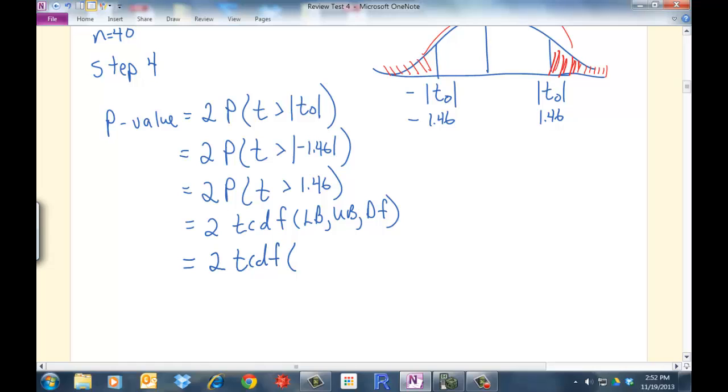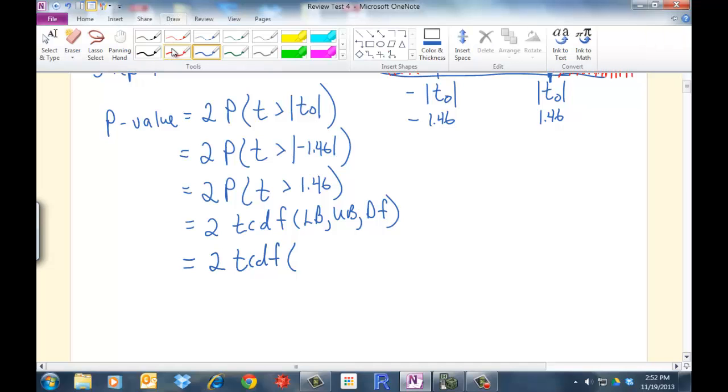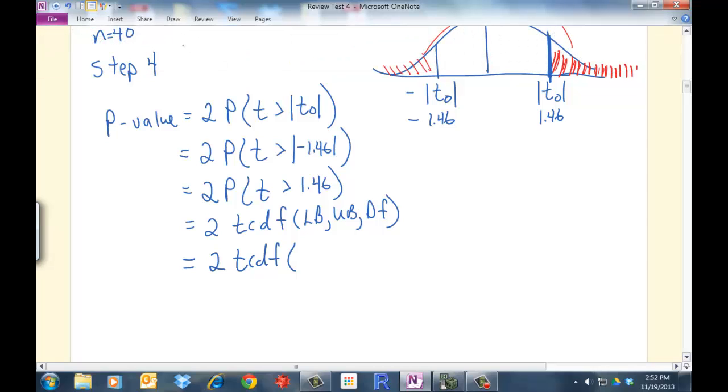So from this point all the way out. So the lower bound is going to be right here. That's the lower bound. And the upper bound is essentially positive infinity. But we can't enter positive infinity, so we have to use a really large number. So the lower bound is 1.46. And the upper bound is 1 times 10 to the 99. And degrees of freedom, remember, is sample size less 1. So the sample size in this case is 40. So that gives us 39 degrees of freedom.